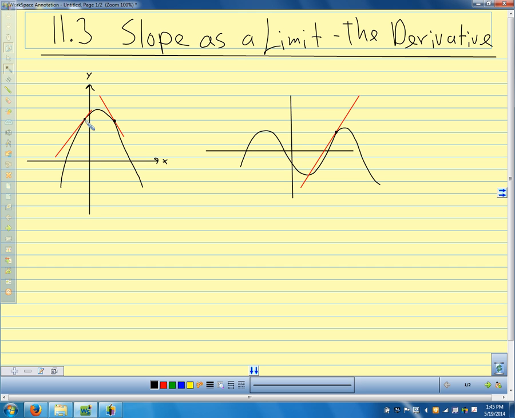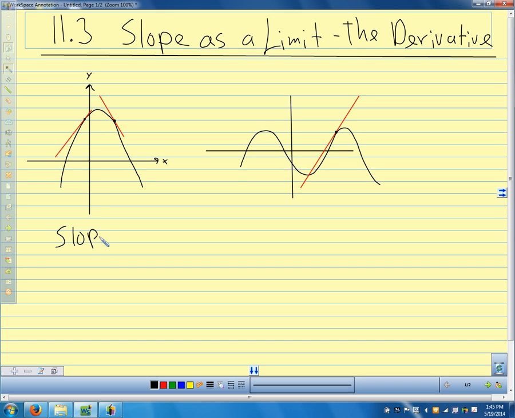So what we're interested in with these tangent lines is their slope. And we're going to call the slope of the tangent line at this point the slope of the graph at that point.